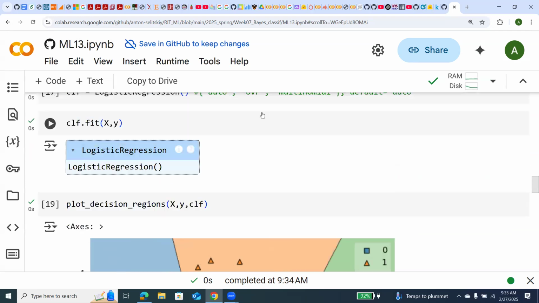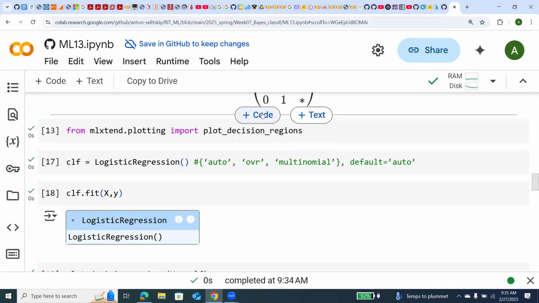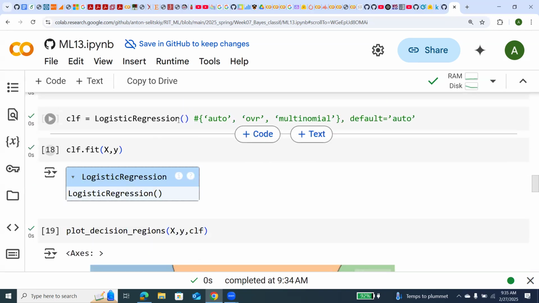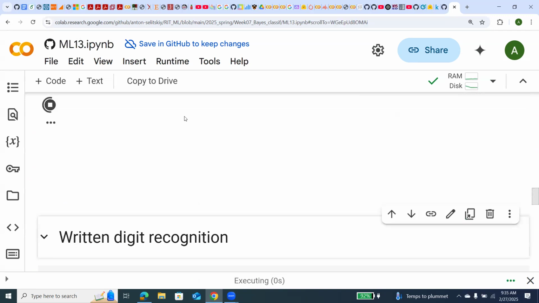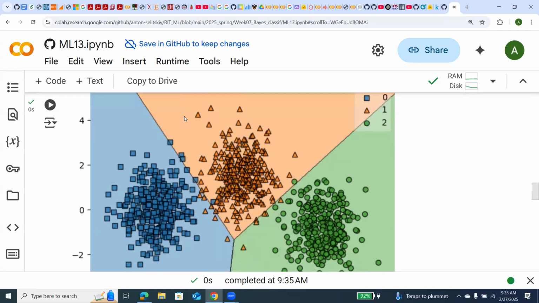So when we use one versus all, we built classification for one class and two other classes. Then for another class and two other classes.